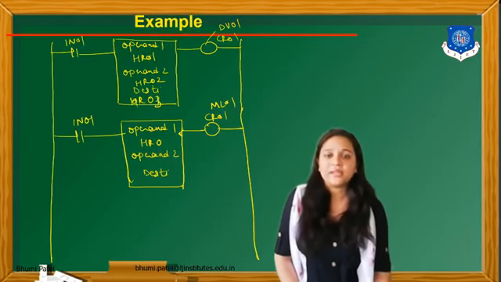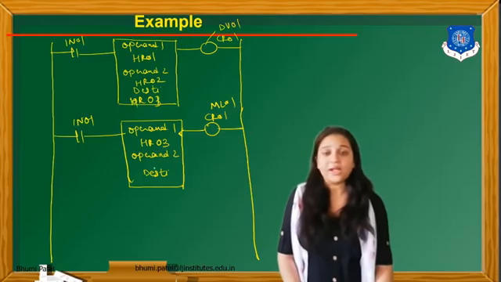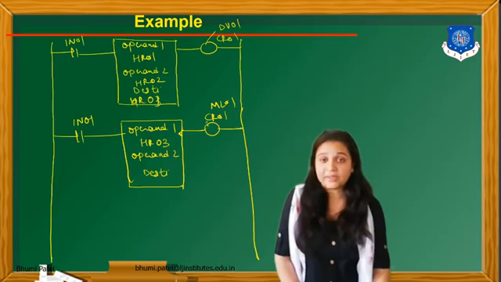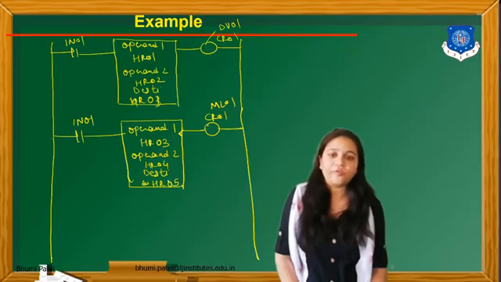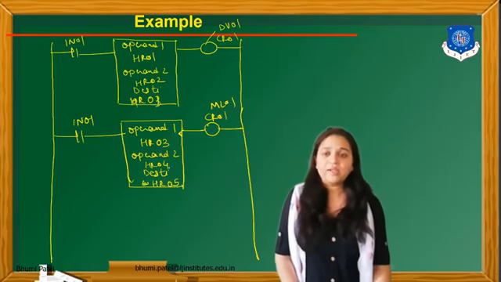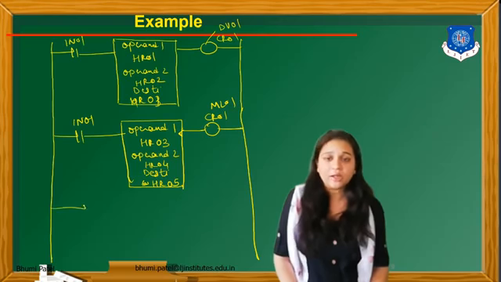So this is my operand 1. What is operand 2 for the multiplication? It is the Celsius value, so we take HR04 for the Celsius, and then a destination, HR05. After the multiplication we have to add 32 to this particular destination.